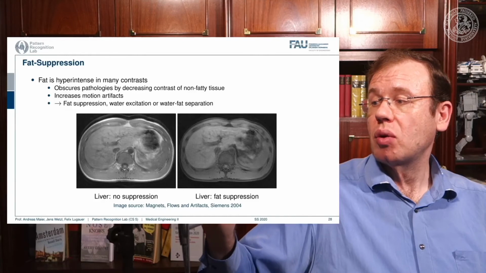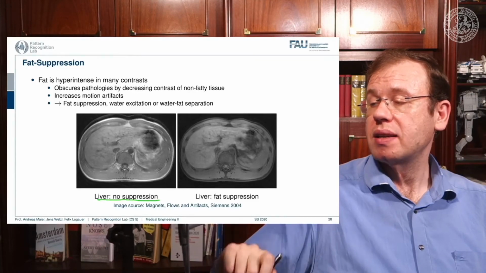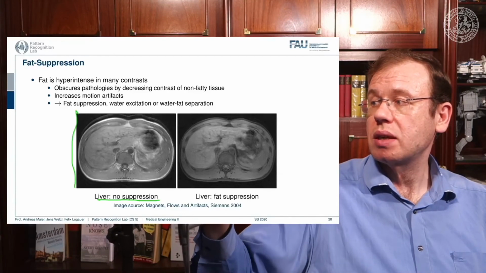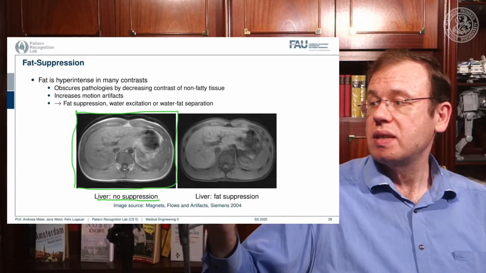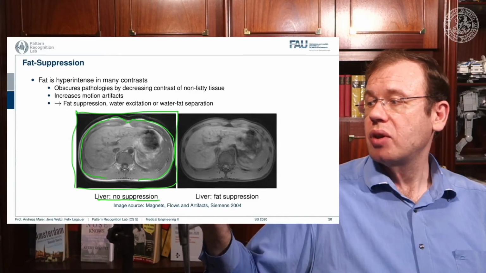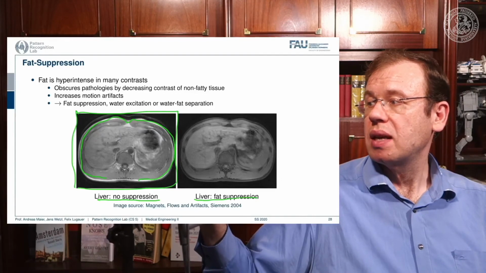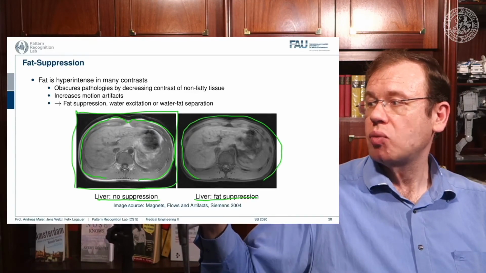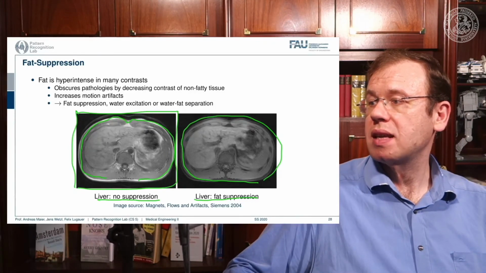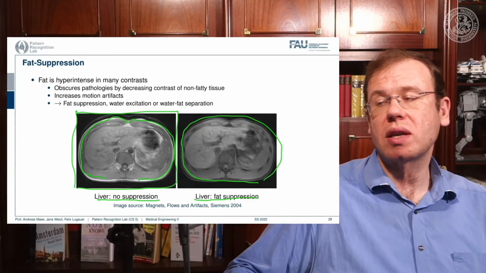And if you don't apply a water-fat suppression or fat suppression, then you get images like this one here, where you see a very strong signal in the fatty tissues. And if you have a fat suppression pulse, then you see that this bright ring is gone, and the contrast also remains mostly stable, but the fatty tissues are not as visible.